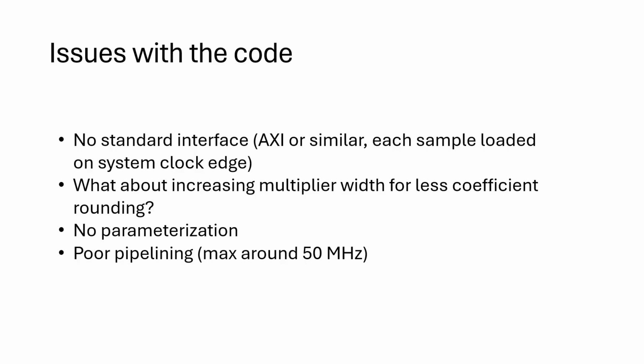That's due to, while the multiplication is sequential, the addition is not, and it's a poor use of the DSP tile. What I'm using these IIR filters for is an EKG signal, and the sampling frequency is at 500 hertz. So I don't need the filter to be running at higher than 50 megahertz. So I'm okay there. You might not be, and you might want to better pipeline it.